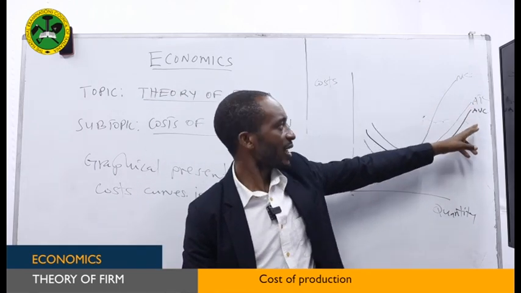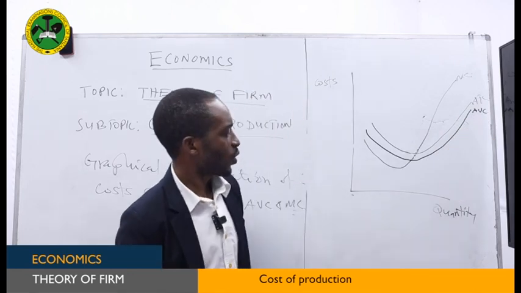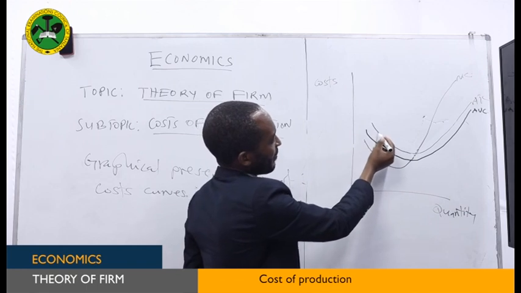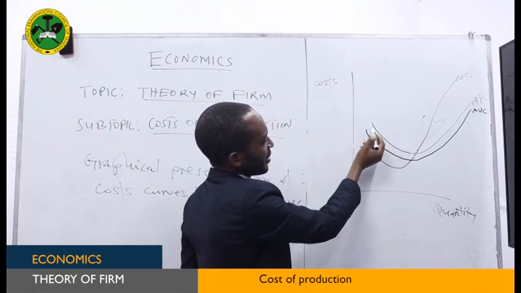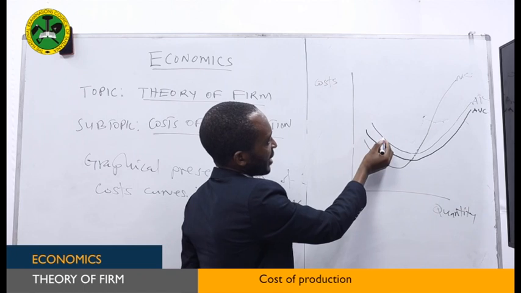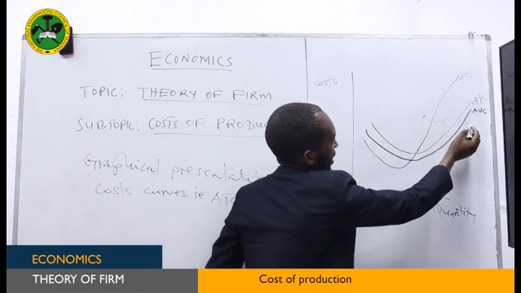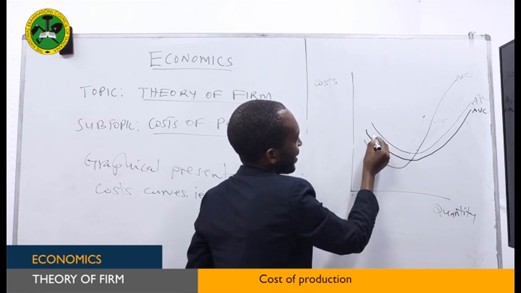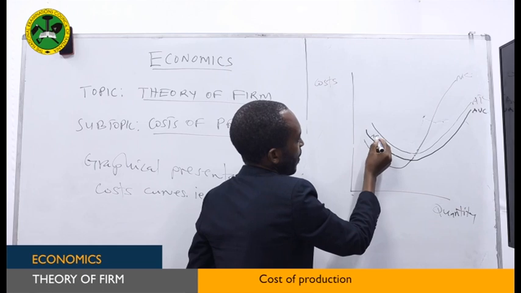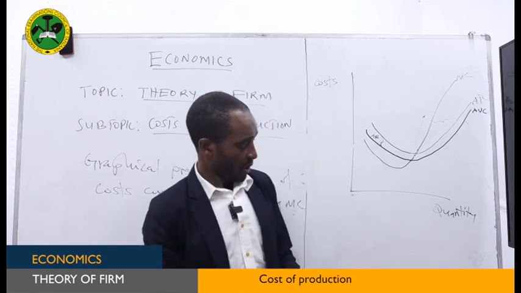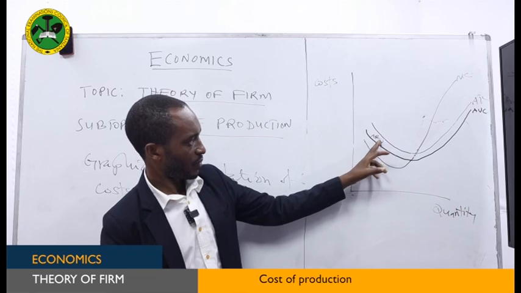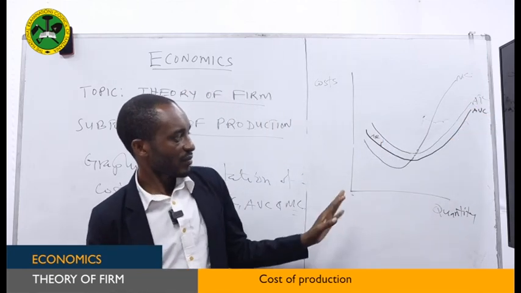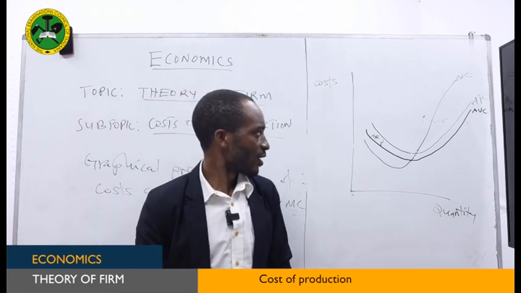So the three costs which we use to analyze the production process are the marginal cost, average total cost, and average variable cost. The gap between average total cost and average variable cost is the same as average fixed cost. So when you take the difference between average total cost and average variable cost, you get the average fixed cost.